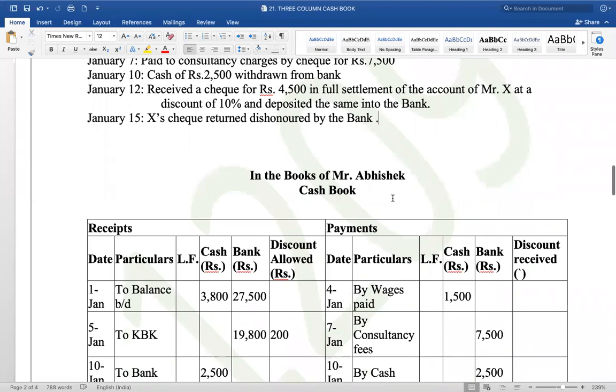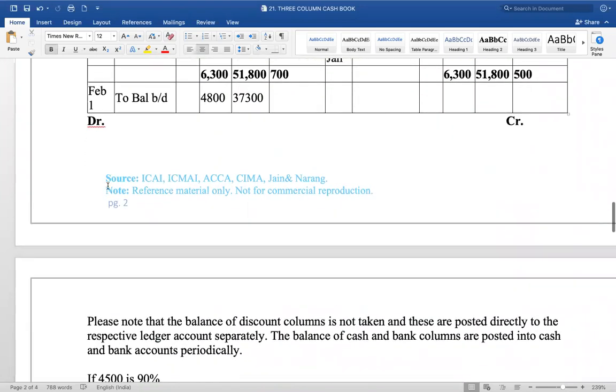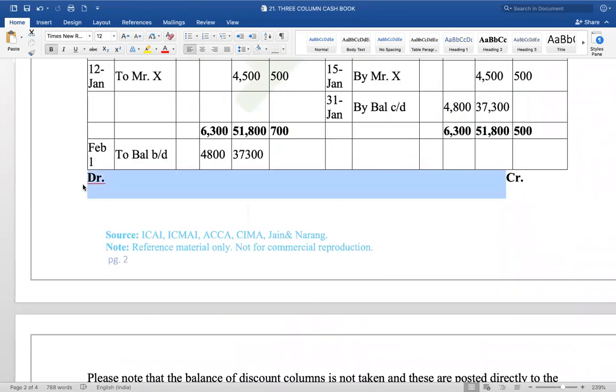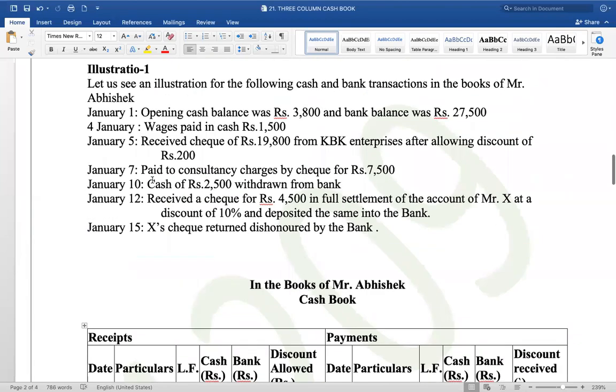Look at this, right? Cash account, debit. Actually this is debit. I think this debit has gone down. It should be here. When I have added the content, the page is pushed.